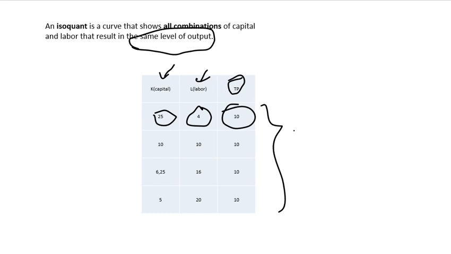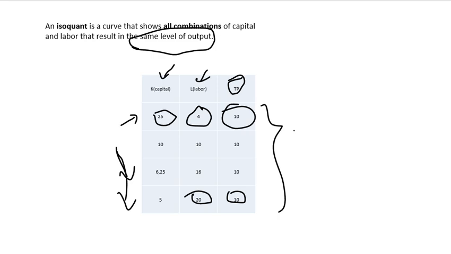And if the firm chooses, instead of this combination of 25 of capital and 4 of labor, to use, for example, 5 units of capital and 20 units of labor, the production is the same. The level of output is always the same, and it is 10.